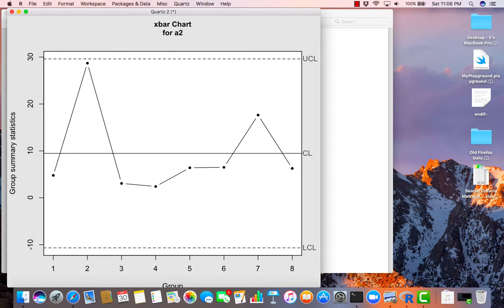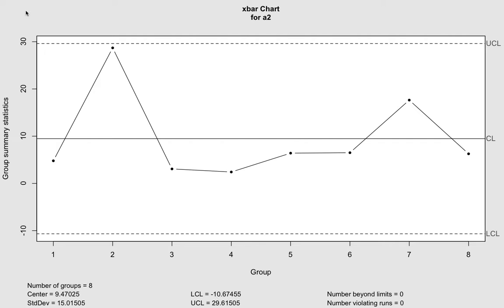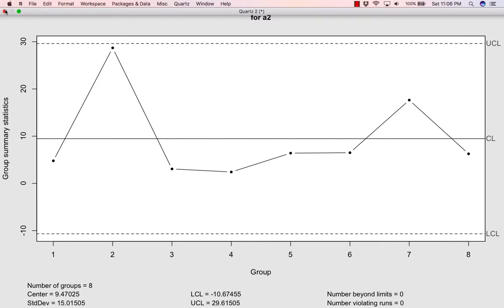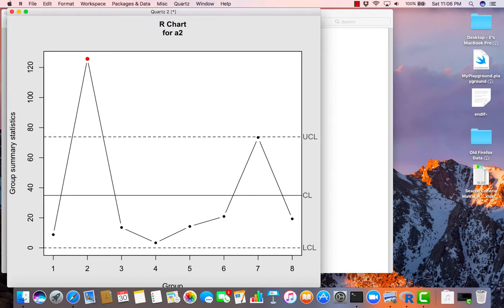Now notice, just for fun, there were no invalidations on this one, but the key was the range chart. As soon as I hit that one, the x-bar was meaningless.